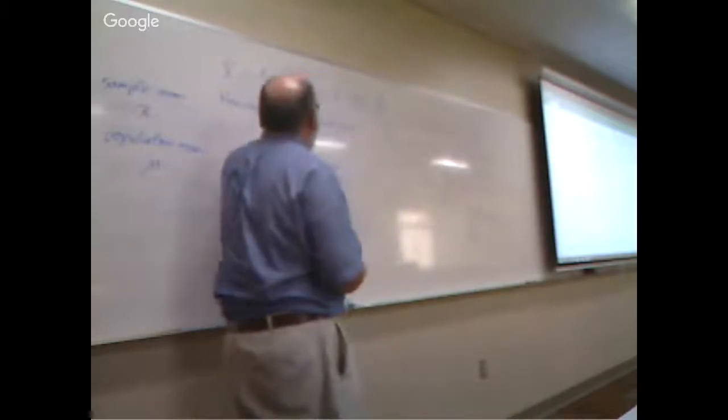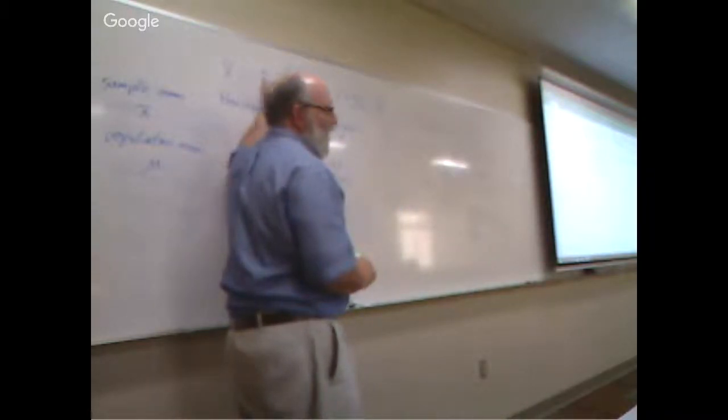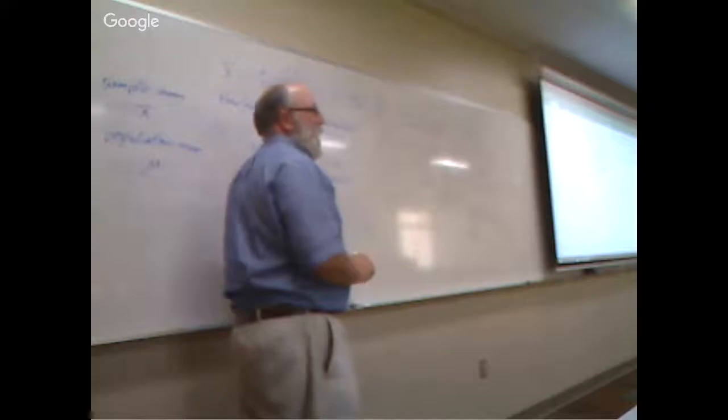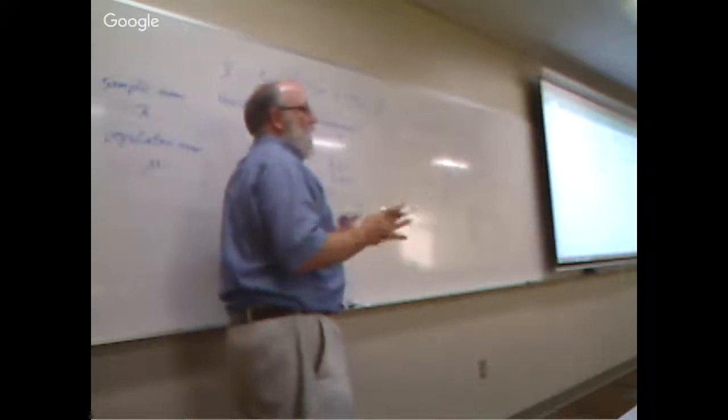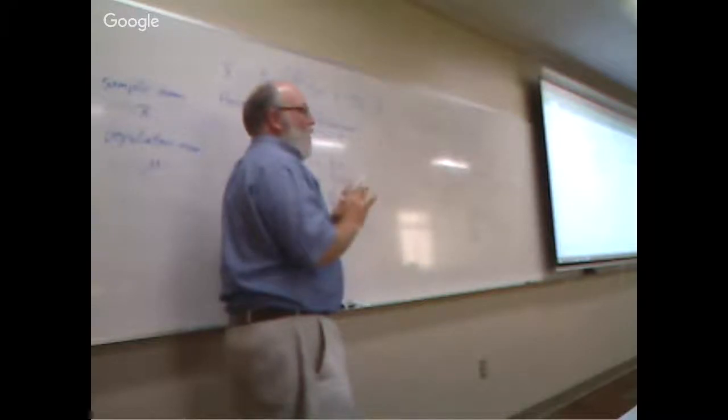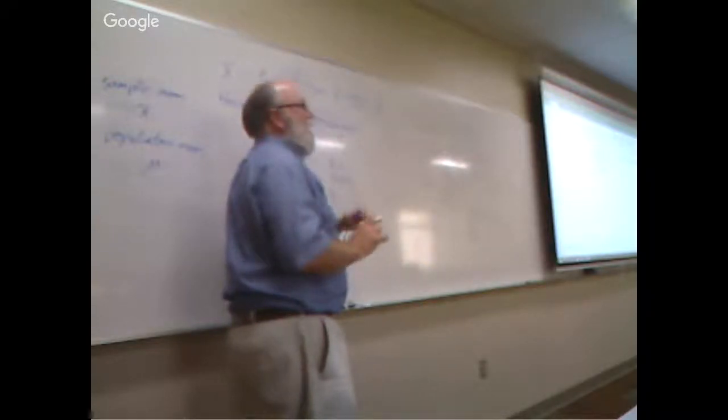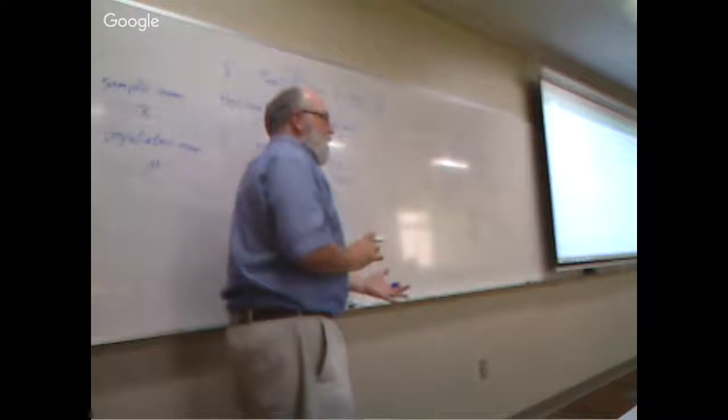Now I need T of alpha over 2. Once again, it's not T multiplied by alpha and divided by 2. I need to find out what my alpha over 2 is. Then I need to find the T that goes with that.